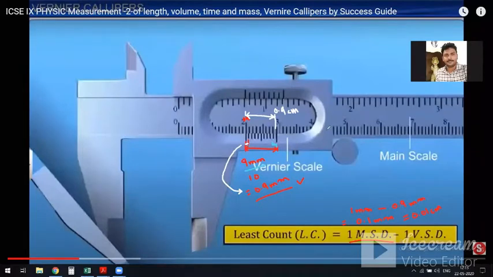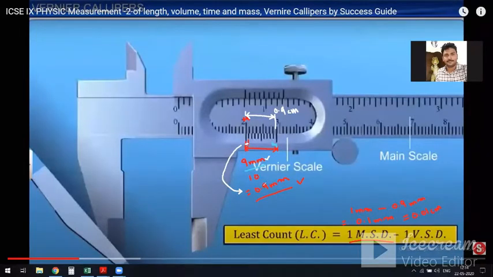You can see here this 0.9 centimeter is what? Total length of vernier scale. So this 0.9 centimeter I can write as 9 mm. Now this total length of vernier scale is divided into 10 parts. So we are going to divide 0.9 centimeter, that is 9 mm, into 10 parts.